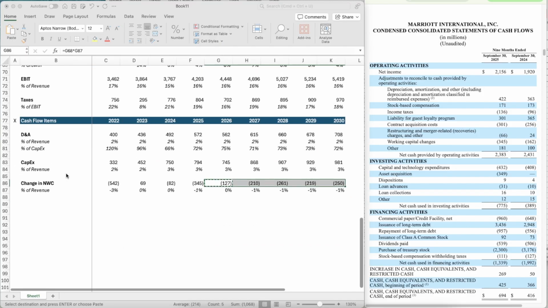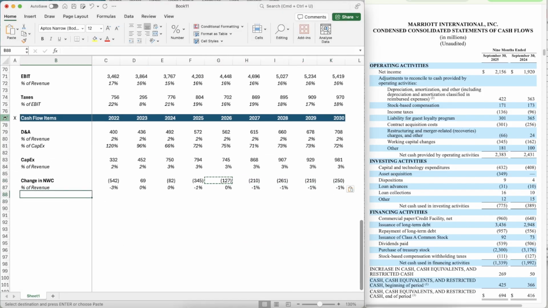Normally that section takes a while because of the change in net working capital, but yeah, easy.